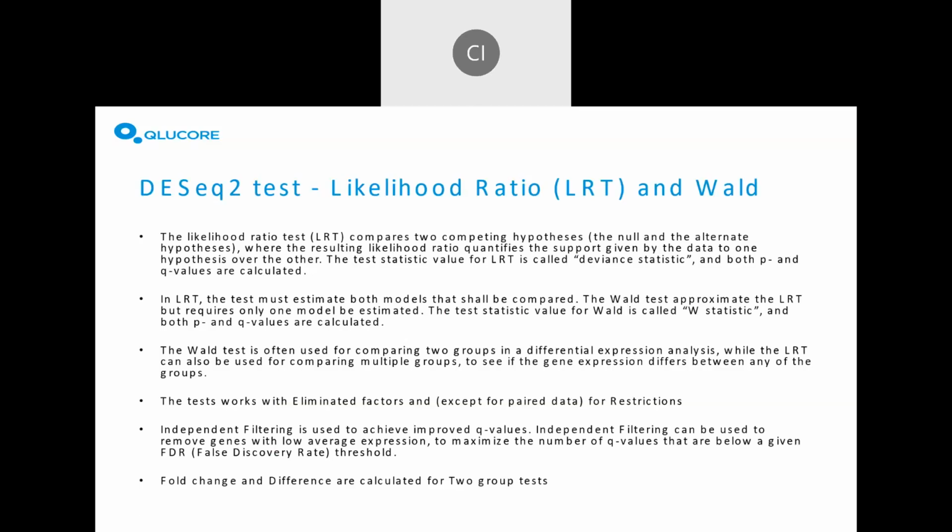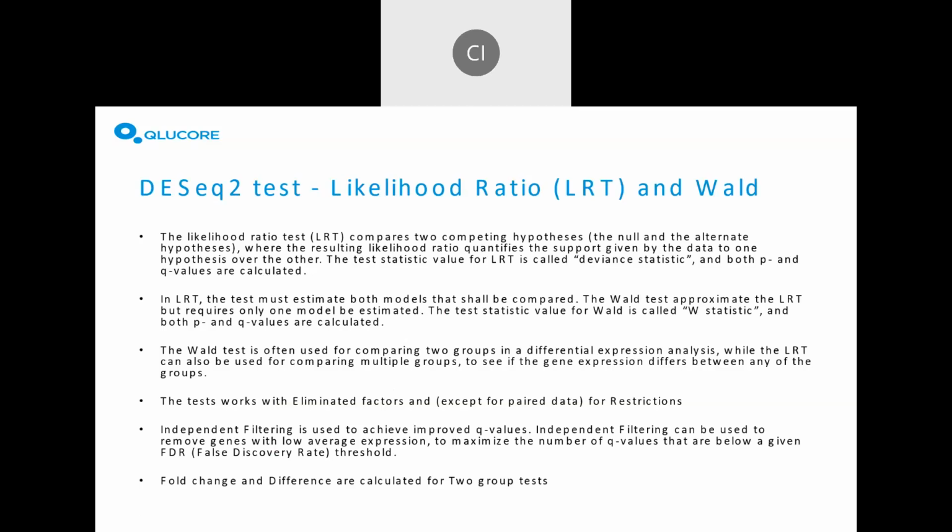For both tests, you can work with eliminated factors, and that's something that you can use when you would like to remove the influence of covariates for a test. And you can also work with restrictions when you just would like to test a certain part of your data set. You select that using annotations. You can select also to use independent filtering. That's often used when you do a DSEQ2 test.